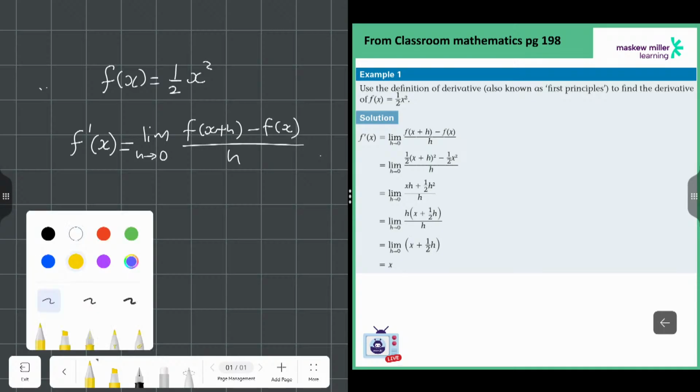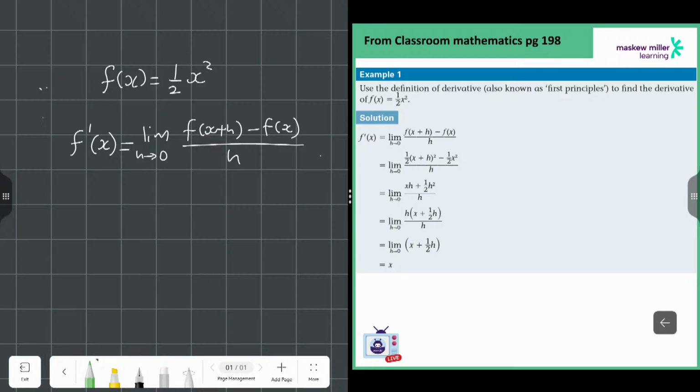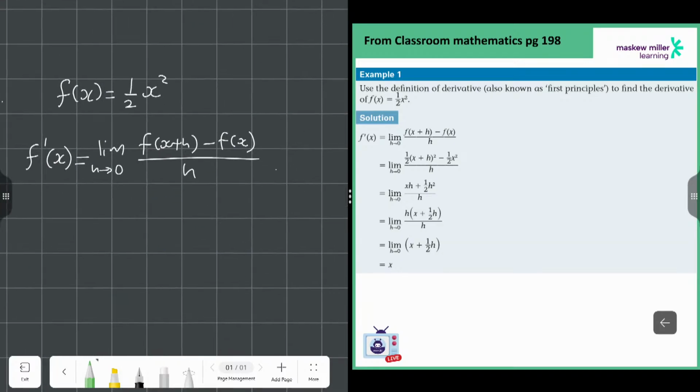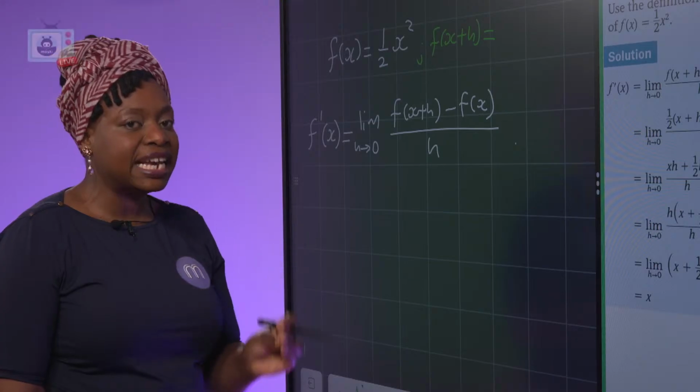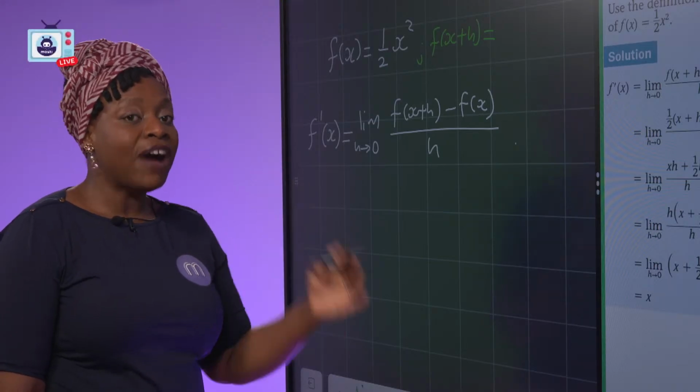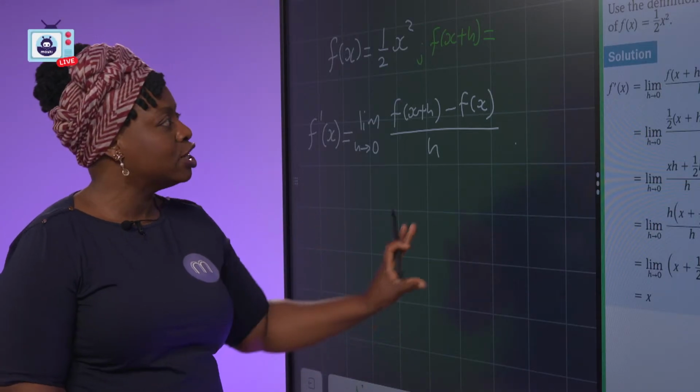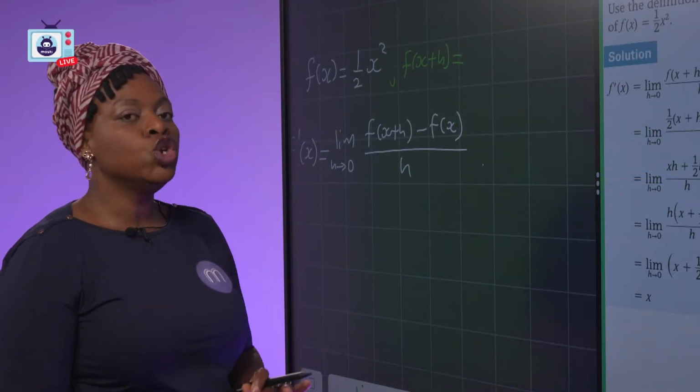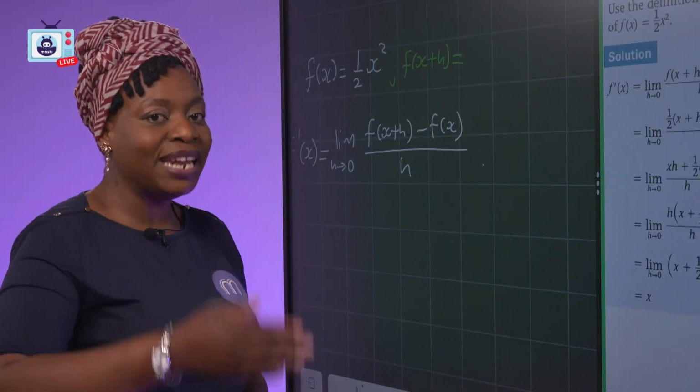Then the next thing that I ask them to do is to make sure that when they write the f of x, they also write the f of x plus h right from the start. So in this case, our f of x plus h will be equal to, and what you do is, everywhere you see x in the given function, you just make sure that you substitute x plus h.